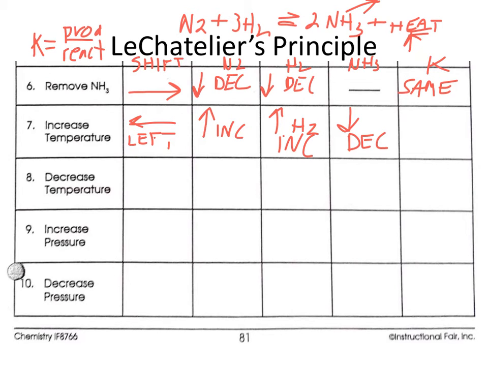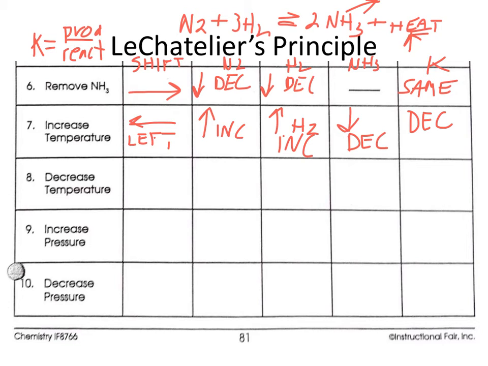So this means that K is going to decrease. So once again, if the reactants are increasing, they're on the bottom, and the ammonia is going to decrease, that's on top, our overall K is going to decrease.